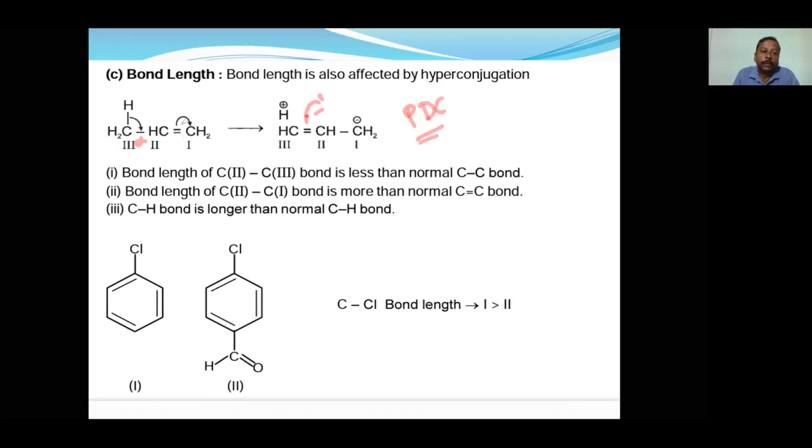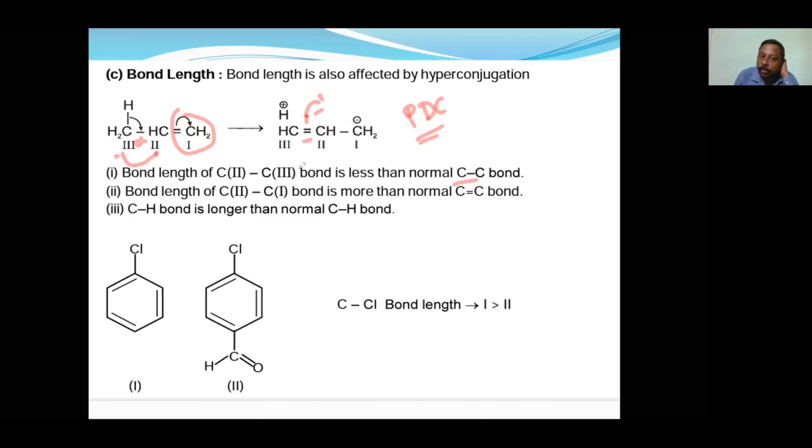So if this resonance is not there, then this will always be a sigma bond or single bond. But because of the hyperconjugation, sometimes it gets the chance to become a pi bond. Therefore, the bond length of carbon 2 and carbon 3 is less than the normal carbon-carbon single bond because it is a single bond, and after some time it is a double bond.